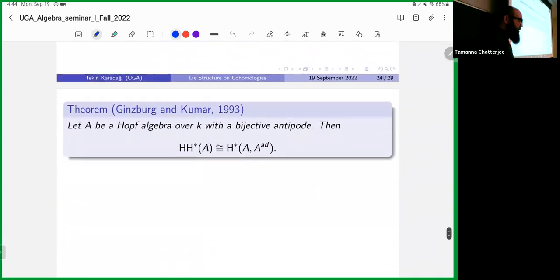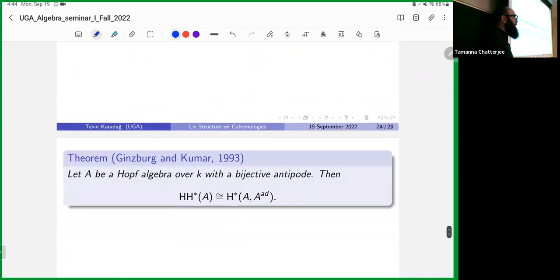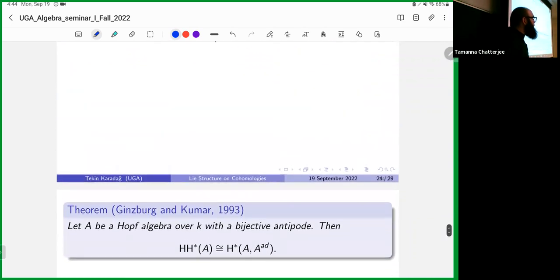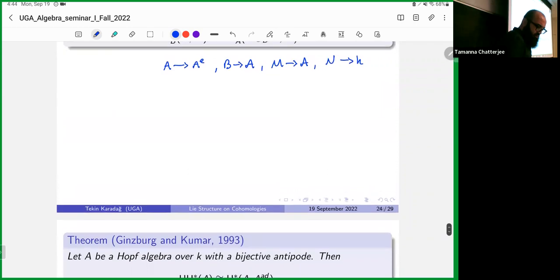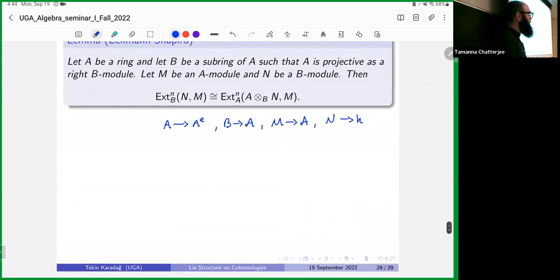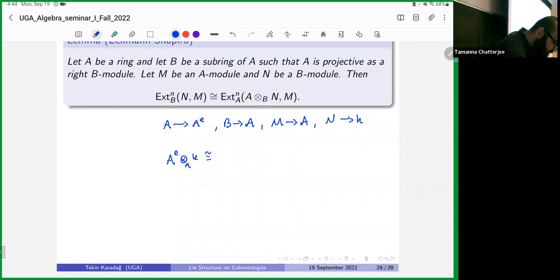We need to use one more isomorphism, and we also use this isomorphism.